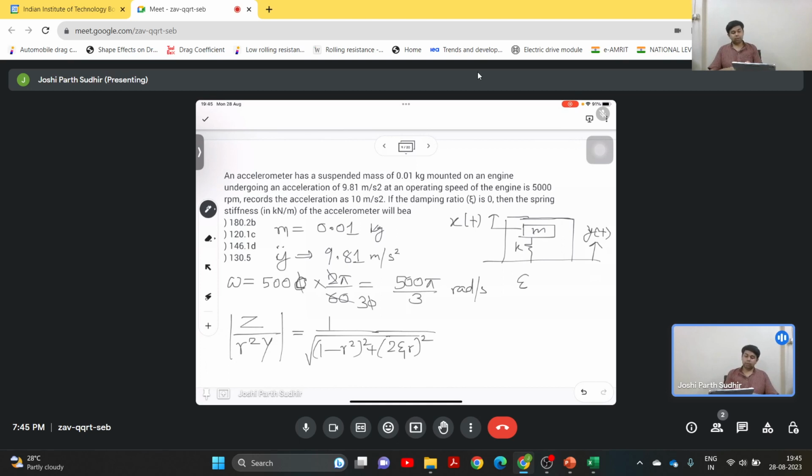Damping zeta is equal to 0, which is therefore equal to 1 upon 1 minus r square. This has been given as 10 upon 9.81.